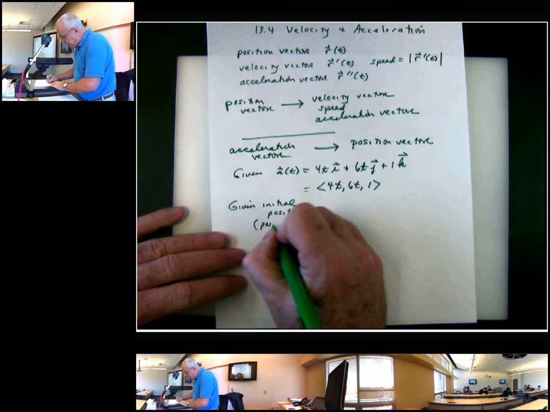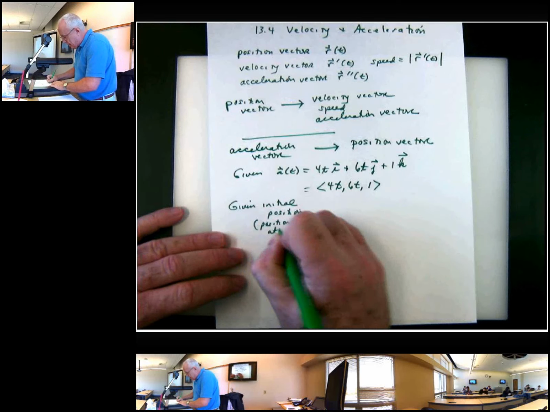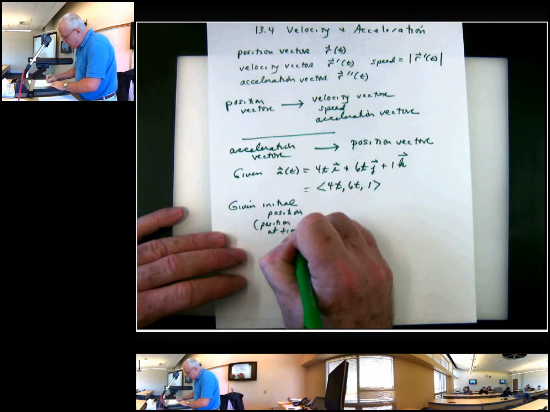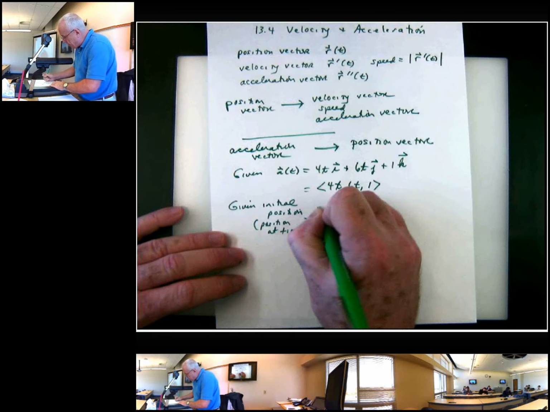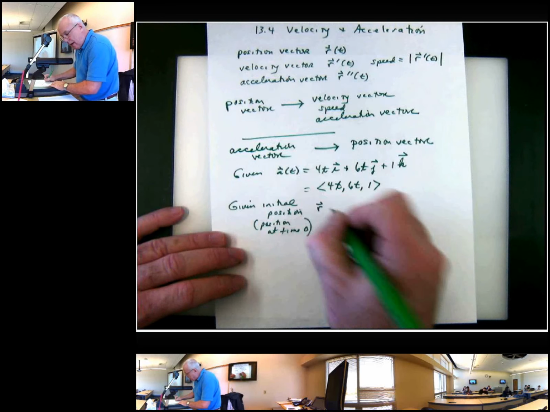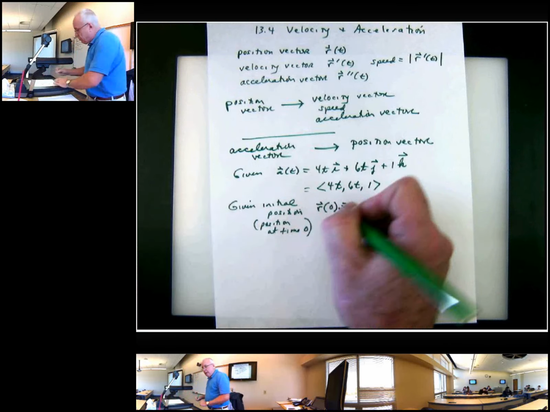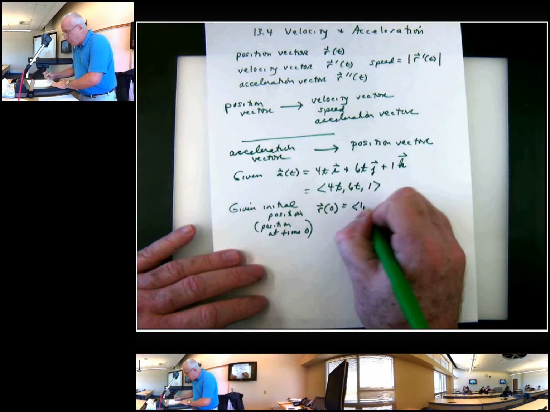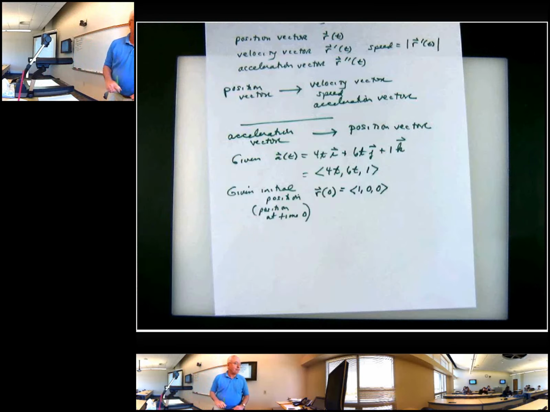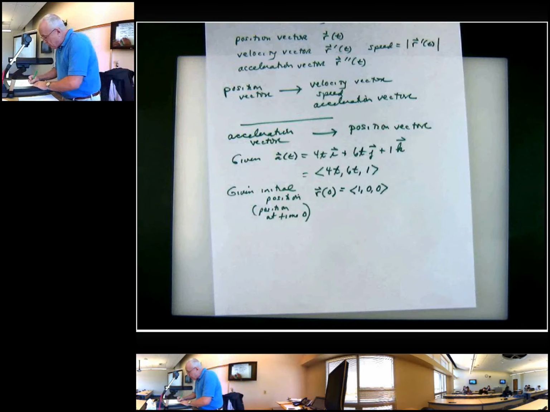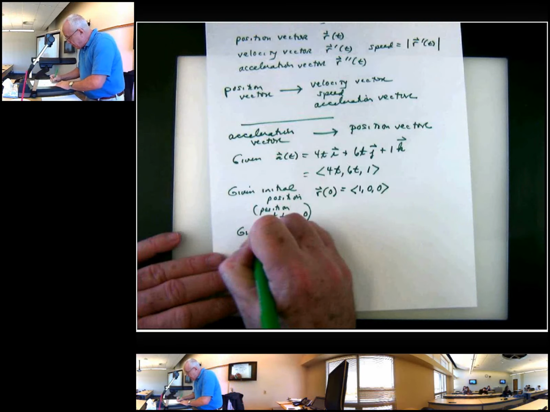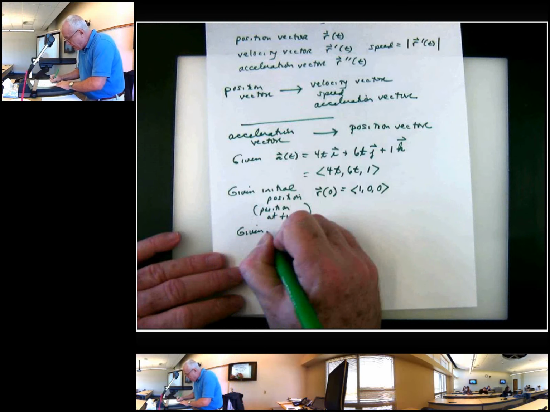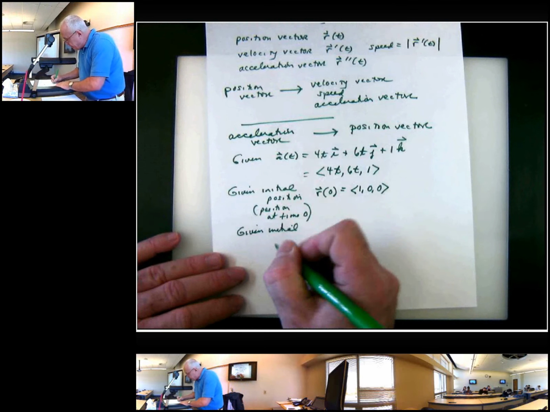So r(0) is equal to the vector <1, 0, 0>. We're given that. And finally, we're given an initial velocity vector.